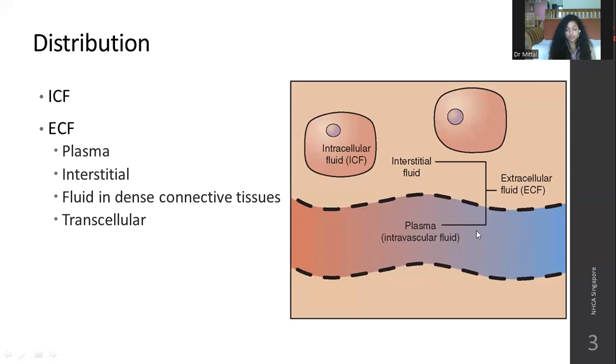Plasma is also an extracellular fluid, the fluid present outside the cells. If you imagine blood has cellular components, plasma is what carries all the blood cells. Then interstitial fluid: between two cells, whatever fluid you find here becomes the interstitial fluid.